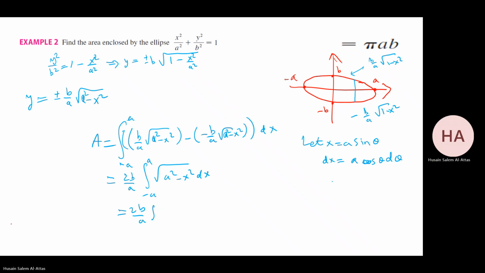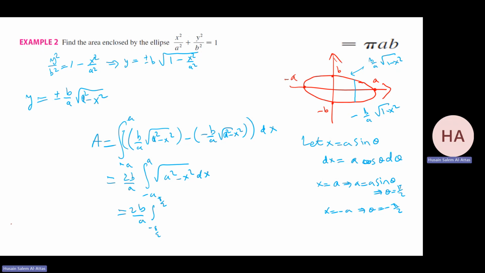Because if x equals a, then a equals a sine theta, so theta will be sine inverse of 1, which is pi over 2. If x equals minus a, then theta will be minus pi over 2. So the integral is from minus pi over 2 to pi over 2.